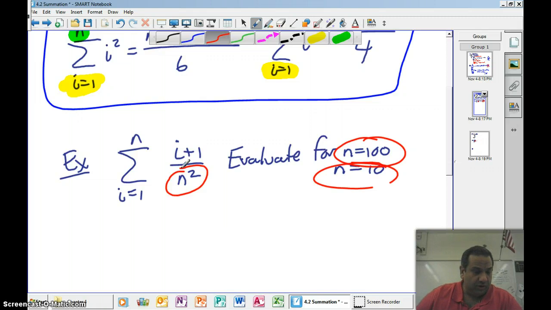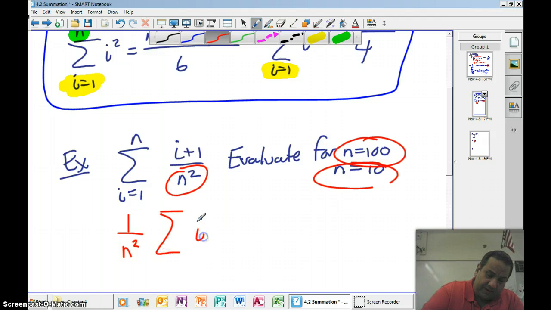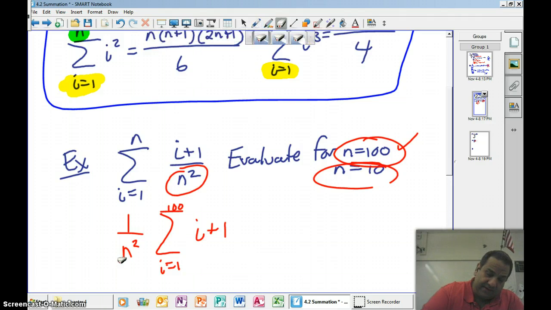So I would probably take that out of the summation. Then I would be left with i plus 1, from i equals 1. And let's choose 100, because that's the first one we'll do. So let me replace this with 100 squared. Makes sense.